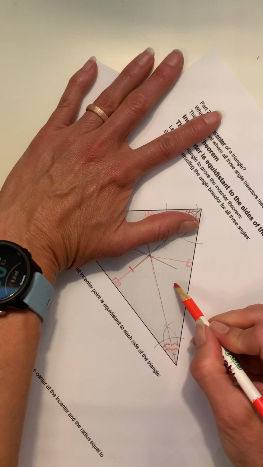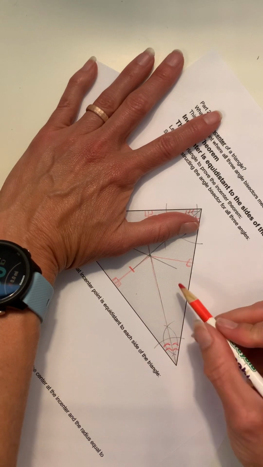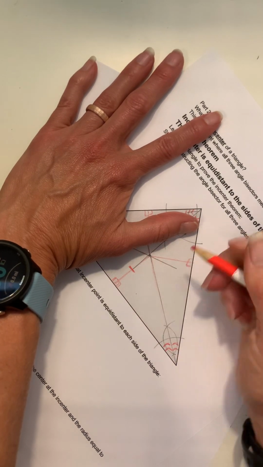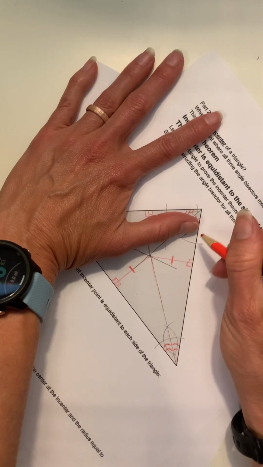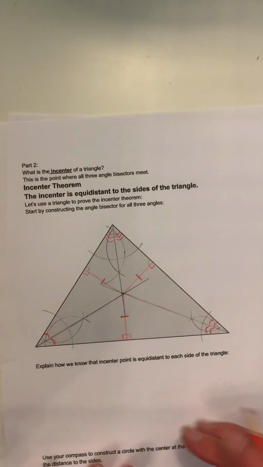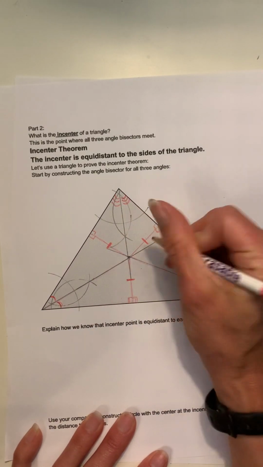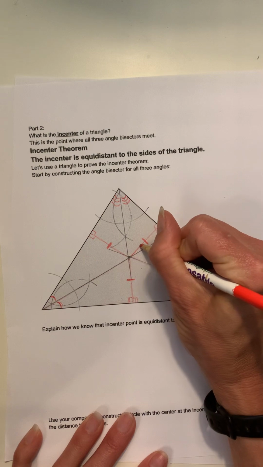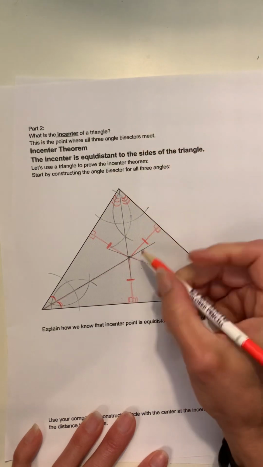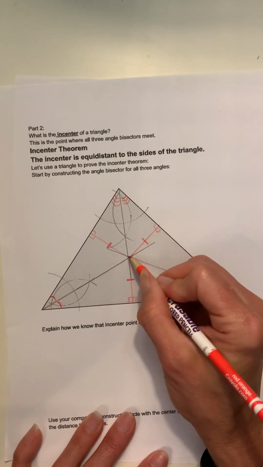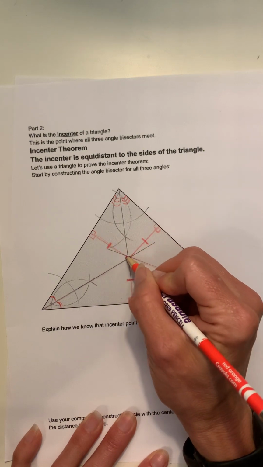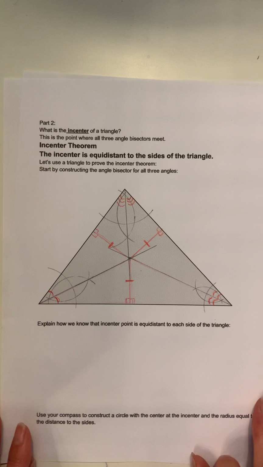So I can see that this triangle is congruent to that triangle, which means this leg is going to be congruent to that leg. What did we just show, guys? We just showed the proof. When I looked at all these congruent triangles, I found that this length from the incenter to the side is congruent to all three sides. Fantastic.